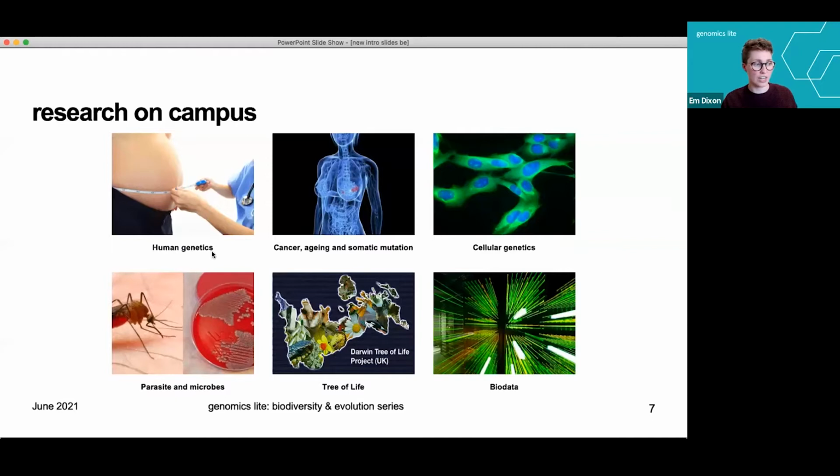So we look at human genetics, things like disease and how different genes can contribute to it. We look at cancer and we're looking for ways to treat cancer. We look at cell genetics, we look at parasites and microbes, which is where Petra's area of study comes in. We also look at the Tree of Life. So next week, we've got partners from the Darwin Tree of Life project as part of our careers panel. And we work with a lot of biodata, so the data we collect from experiments and how we can use that to better our understanding of biology.